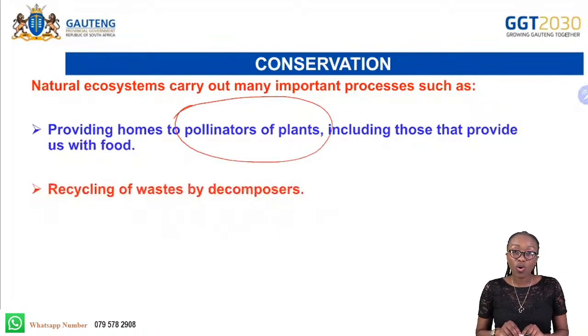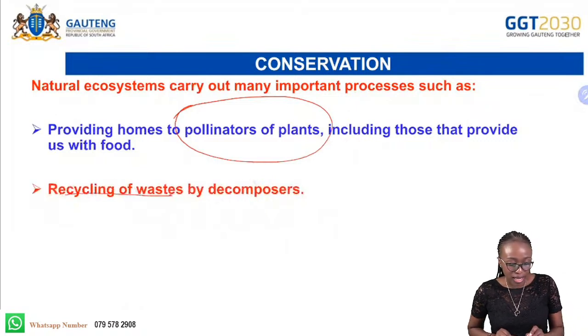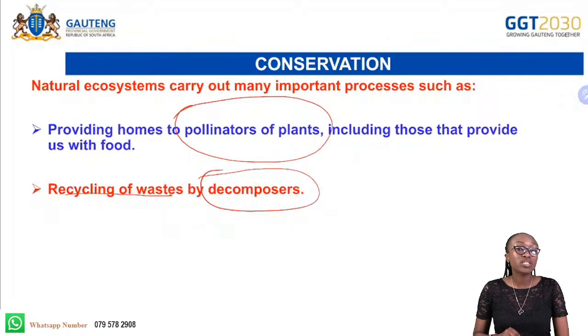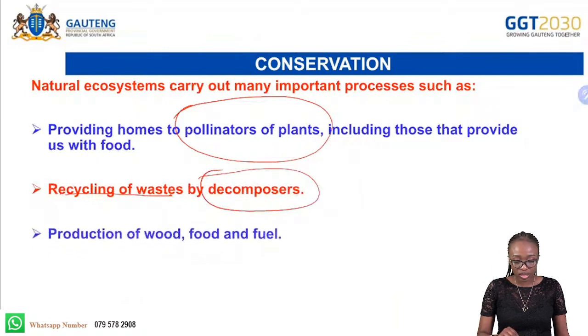They also recycle waste, and this is done by decomposers. Remember, when we were learning about feeding relationships, the important roles that decomposers play in recycling nutrients and returning them back into the ecosystem. So natural ecosystems do those processes as well.